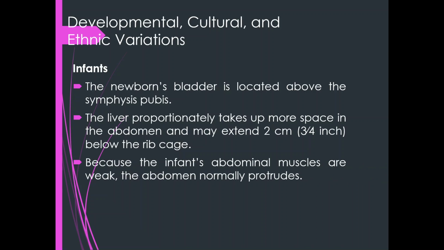Because the infant's abdominal muscles are weak, the abdomen normally protrudes. This way, we can see that the abdomen of the infant seems to look like a barrel. In our terms, we call this shape barrel chest.